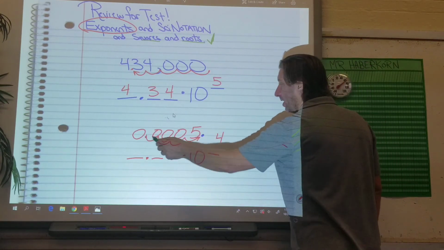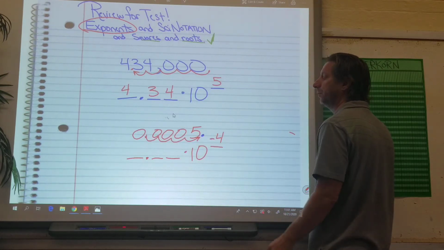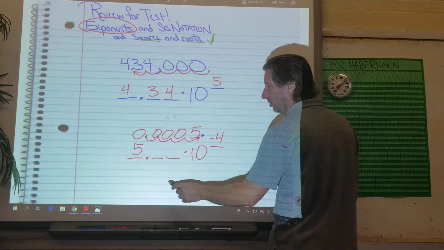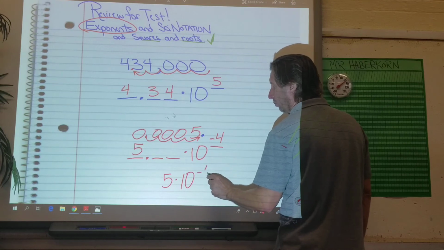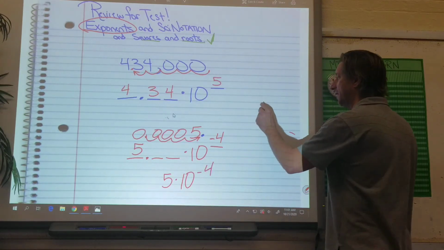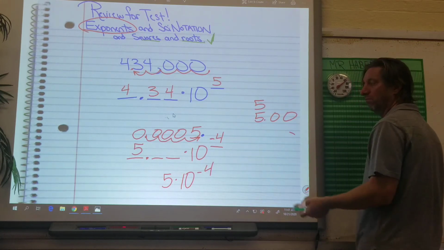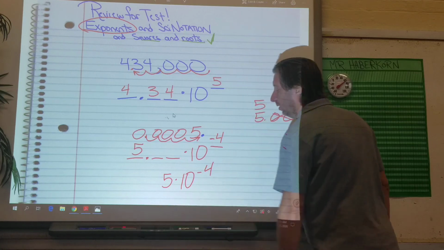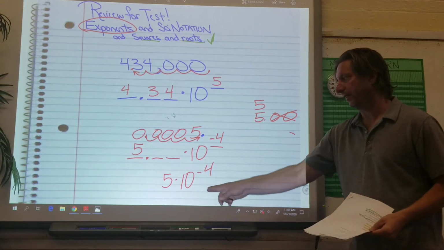But this is a tiny number, starts with 0, so we're going to put a negative 4 there. And my answer is just 5 point, you don't need the zeros after it, so it's just 5 times 10 to the negative 4th. 5 is the same as 5.00, right? Don't they mean the same thing? So you don't need these, all right? If you write them, it's not wrong, but you won't see them ever written that way. You'll see them written like this.